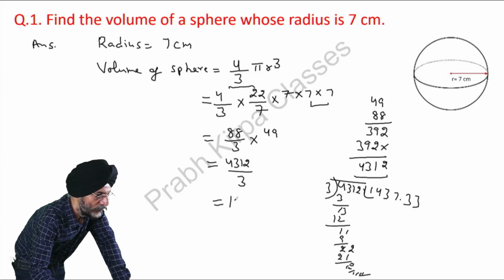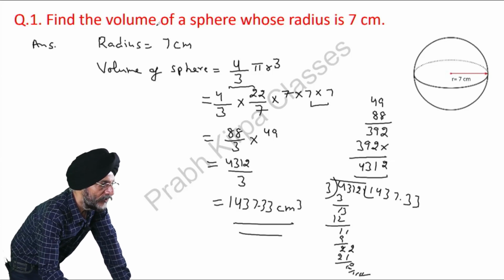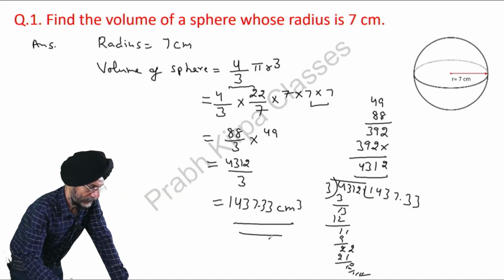So the answer before us is 1437.33 cubic centimeter. This is the answer of volume of sphere.